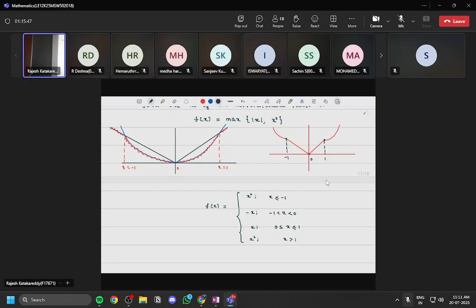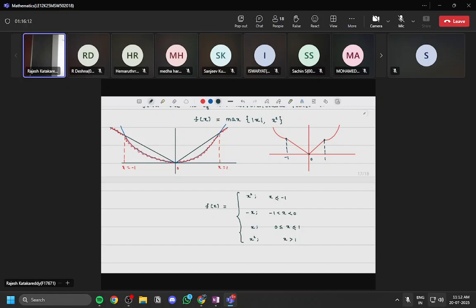And it will be x when it is in between 0 to 1. Again, from 1 onwards, it is x square. The equality of 0 can be given here or it can be here as well. Clear? And then the -1 or +1 equality, I can keep -1 here equal, or I can also keep -1 here equal. Both are intersecting at that point. Same goes for 1 as well.